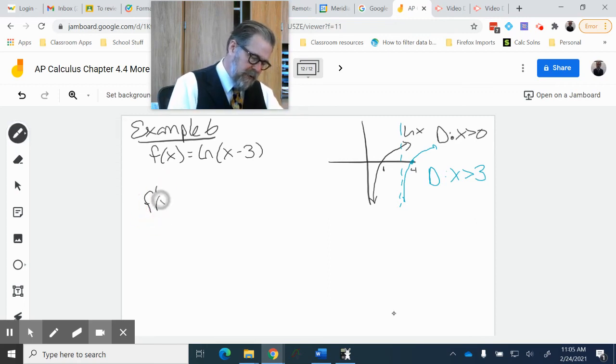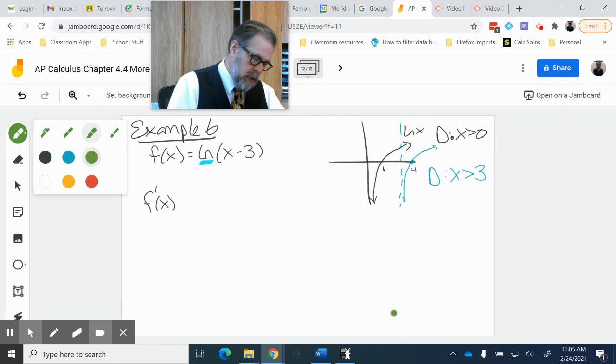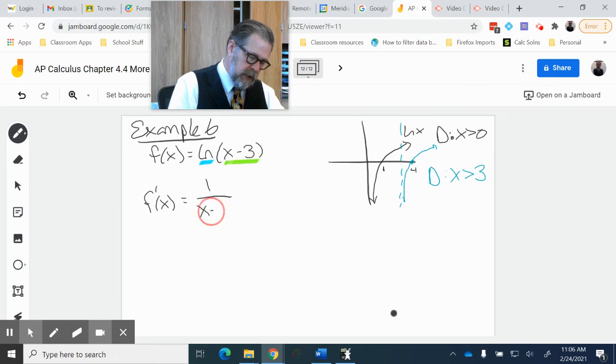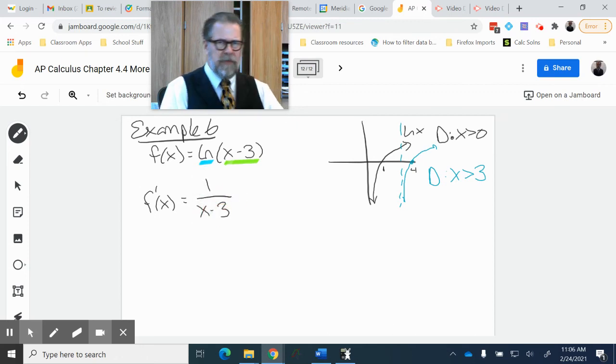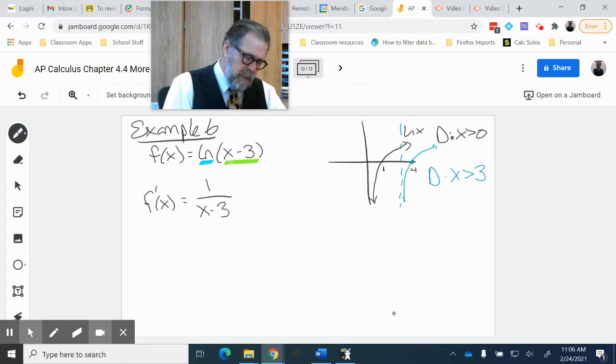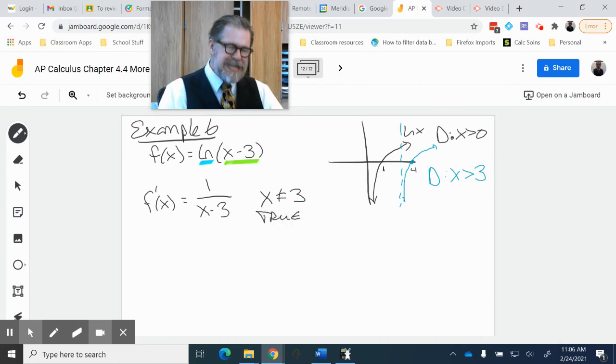f prime of x equals the derivative of the outer function times the derivative of the inner function. The derivative of the outer function is 1 over x minus 3. The derivative of the inner function is 1, so this is actually a pretty simple one. And we'd be tempted to say x is not equal to 3, and this is a true statement. This derivative does not exist when x is equal to 3.